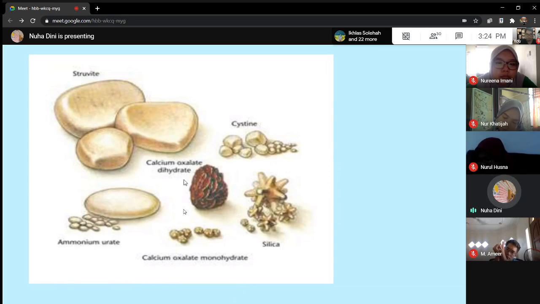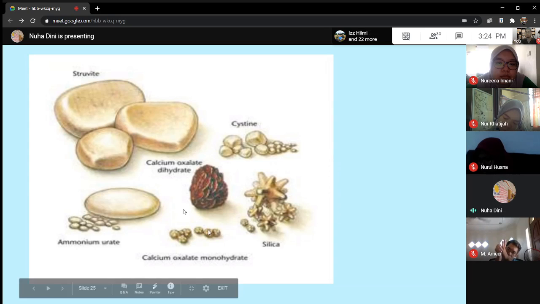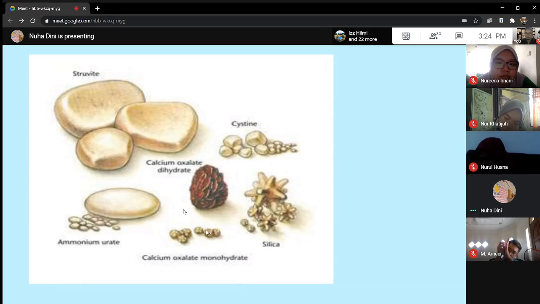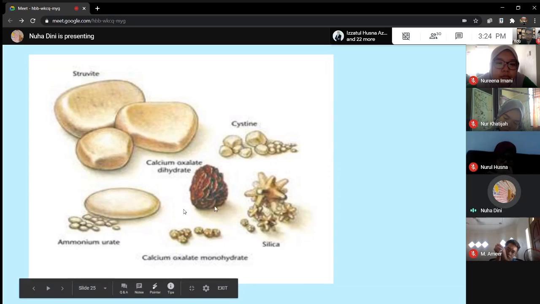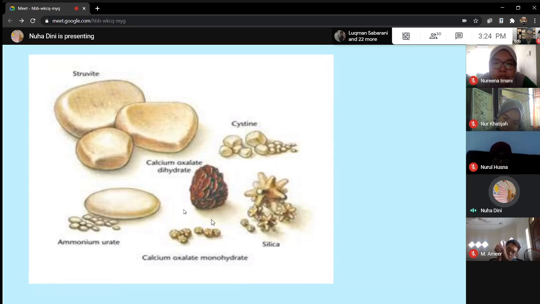Meanwhile, the calcium stone is usually small. It has an irregular surface, small, with sharp projections. Thus, patients with this stone are usually very symptomatic and it can pass to the ureter and cause renal colic and also injure the wall and cause hematuria.